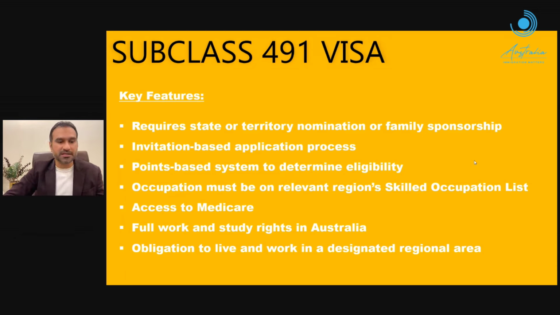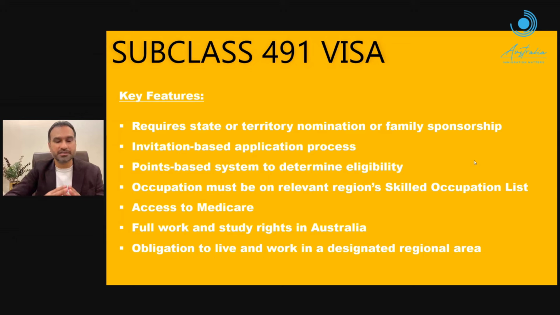Again, this visa subclass also works on the invitation-based application process. A points-based system is definitely used to determine the baseline eligibility, but the regions' criteria, selection parameters and preferences work in while they are selecting the EOIs. Occupation must be on the relevant region's skilled occupation list. As I mentioned earlier, you have access to Medicare for sure.